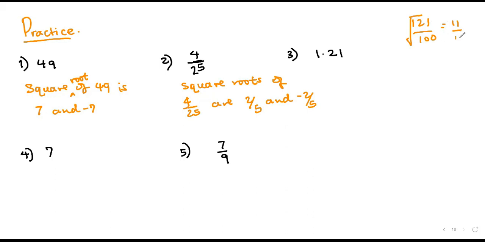Square root of 100 is 10. 11 out of 10 is the same as 1.1. You get it? So the square roots of 1.21 are 1.1 and negative 1.1.